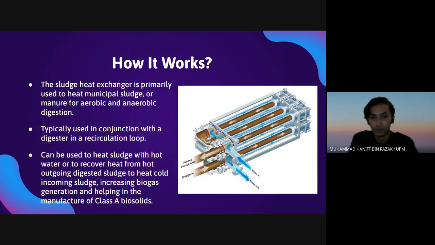It usually works by using hot water to heat the sludge, or to recover heat from hot outgoing digested sludge to heat the cold incoming sludge, which increases biogas generation and helps in the manufacture of class A biosolid. You can see in the diagram at the right hand side that the hot sludge can also be used to heat the cold sludge that is entering the heat exchanger.